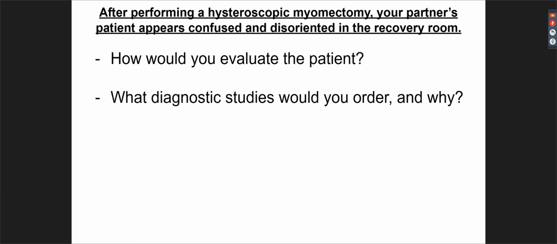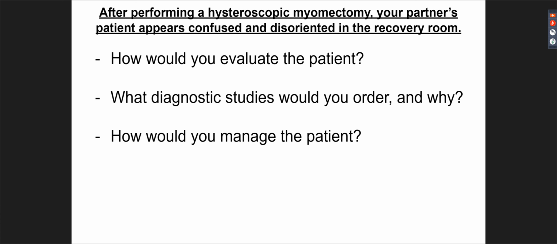But you would only do the CT if she had chest pain? Yeah. I would do a chest CT, and also, since she's disoriented, it would be appropriate to do a head CT, to rule out a thromboembolic event to the brain, or some sort of hypoxic brain injury.